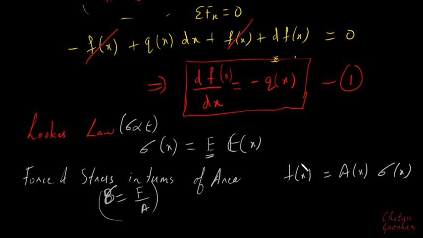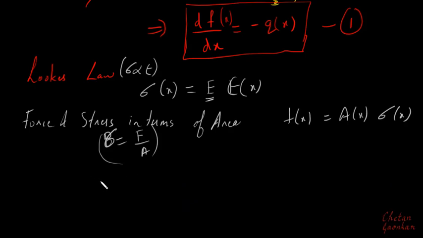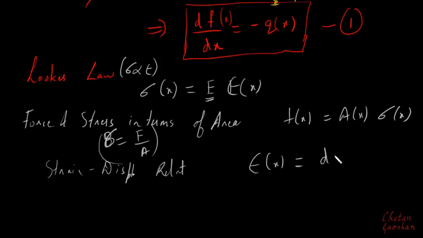But if forces, stresses and areas are changing with respect to x, then it will be f of x equal to A of x times sigma of x. Also by the strain displacement relation, we know that strain is given as du by dx.